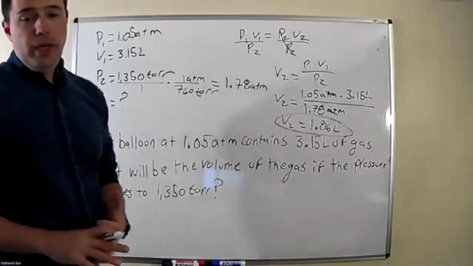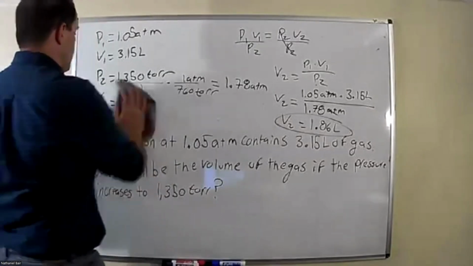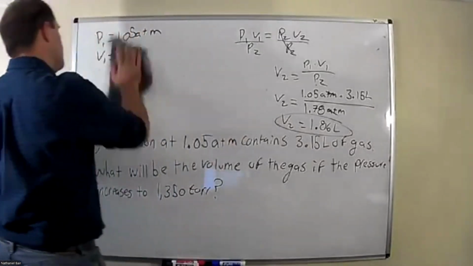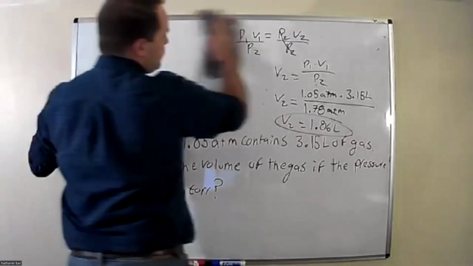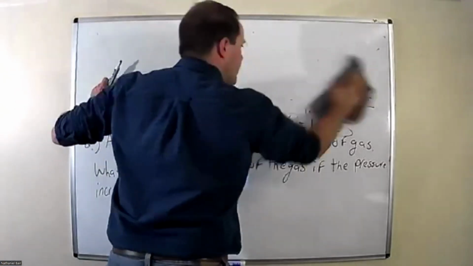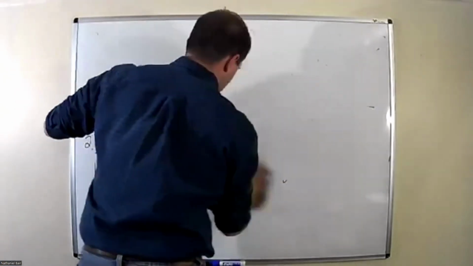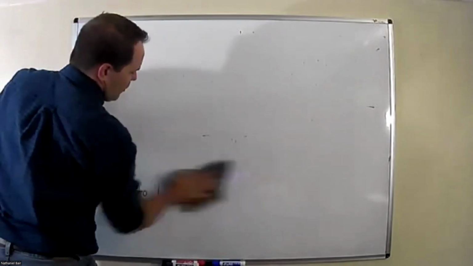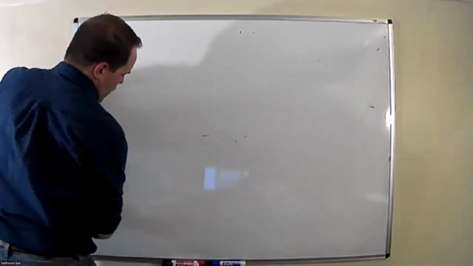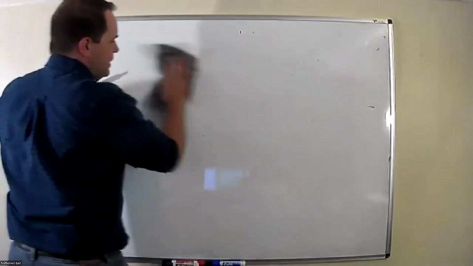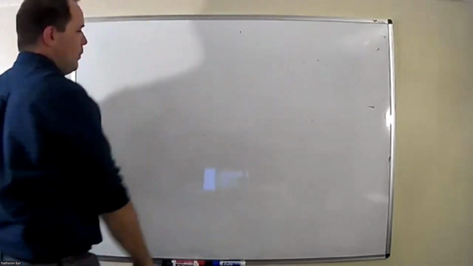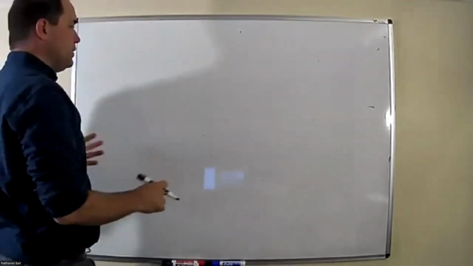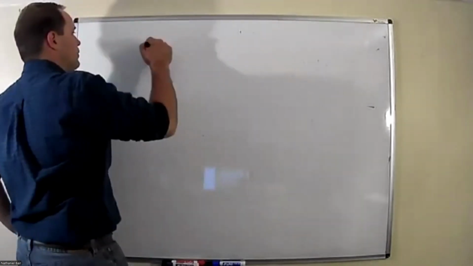So at this point, we have three simple gas laws. And somebody got the bright idea to combine them and make one big old, at the time, crazy gas law called the combined gas law. So here's the combined gas law.